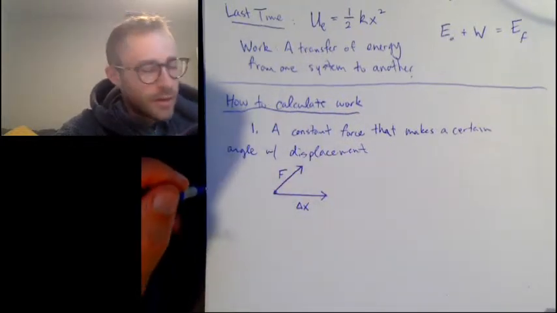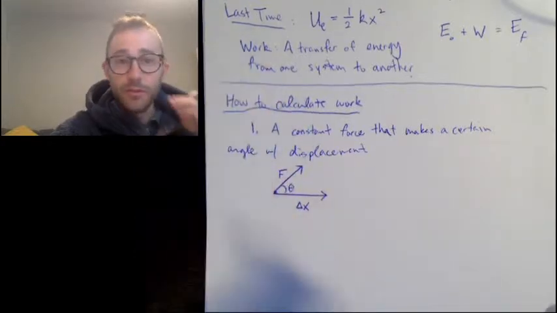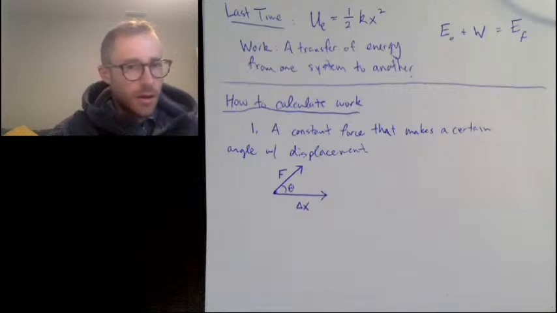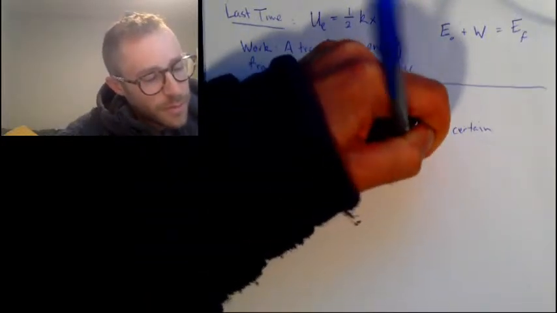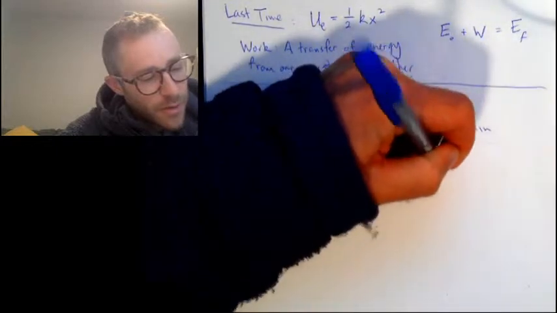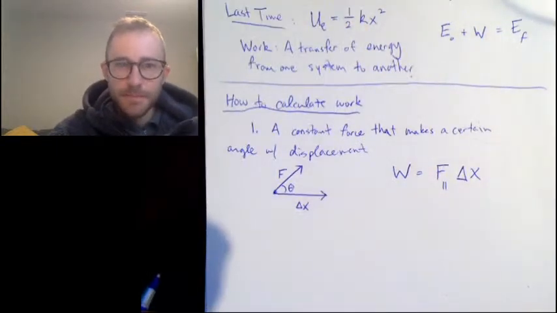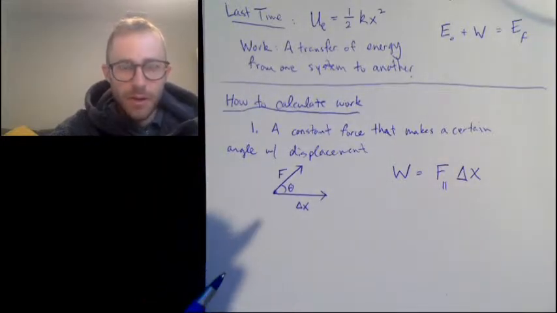Okay? And so there's going to be some angle theta between the force and the displacement. And so in this case, the formula for work is F parallel times the size of the displacement. Okay? F parallel times the size of the displacement.